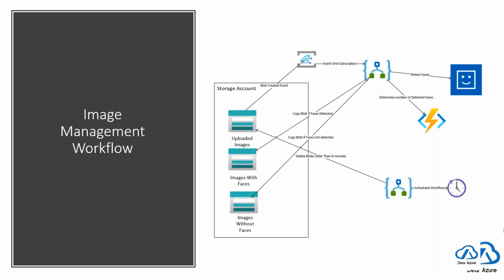Yeah. So you said that if the count of images uploaded is greater than 0, then you will upload that entire image to the images with faces container or blob storage, correct? Yes.